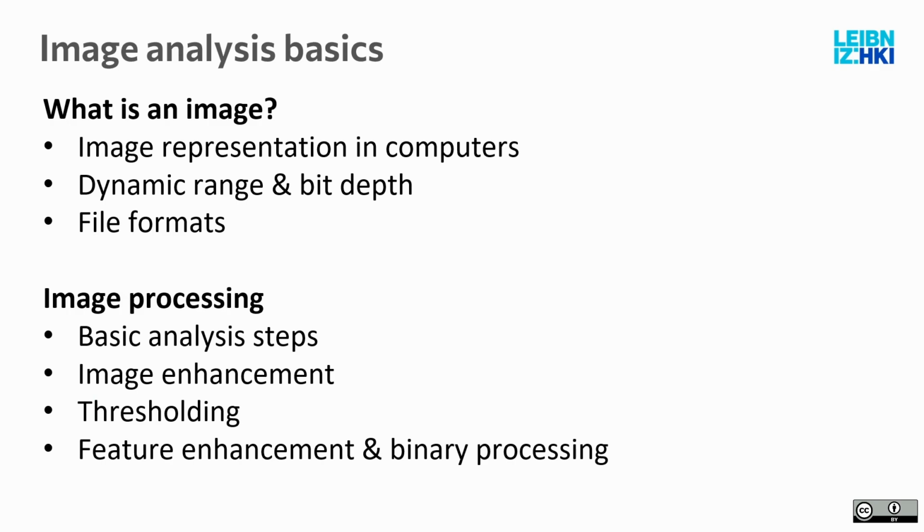But before we go into software and do something in JIPipe, we have to establish some theoretical basis. For example, what an image even is. How is it represented in computers? Important concepts like the dynamic range, the bit depth, which file formats you should choose to save it out, otherwise you will have problems in the end.